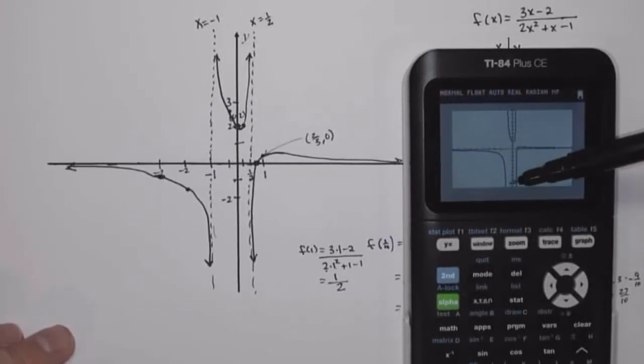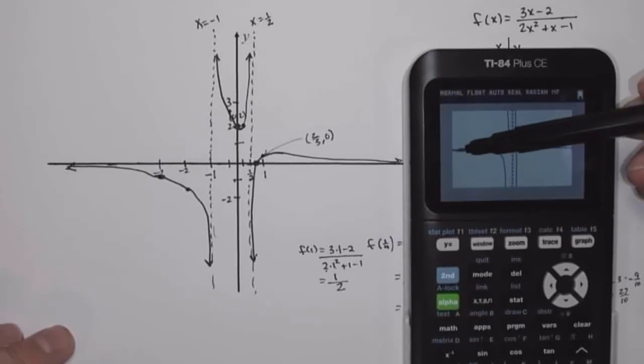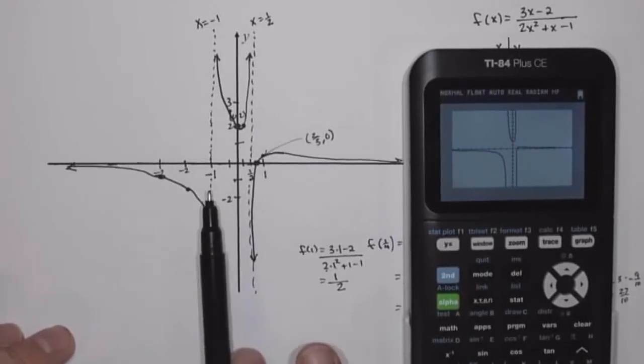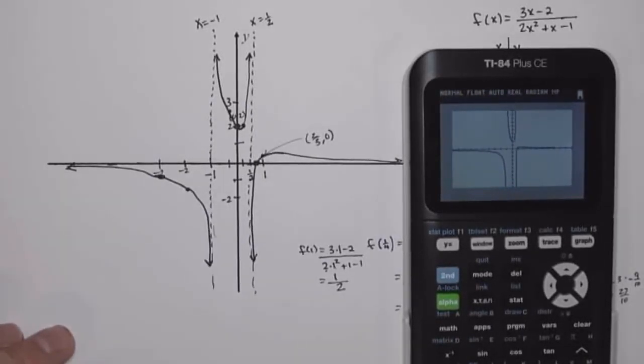So again, I can see that I have this vertical asymptote at x equals -1. I have this vertical asymptote at x equals 1/2, and I have the horizontal asymptote of the x-axis. And so we can see that this graph does look sort of like what we had drawn. So here we have our graph.